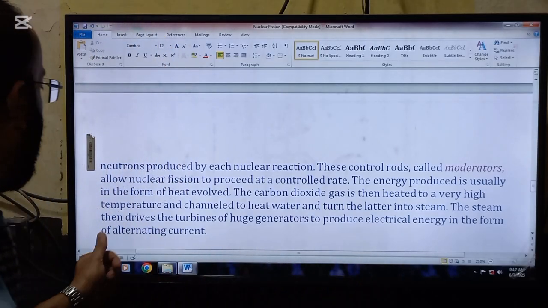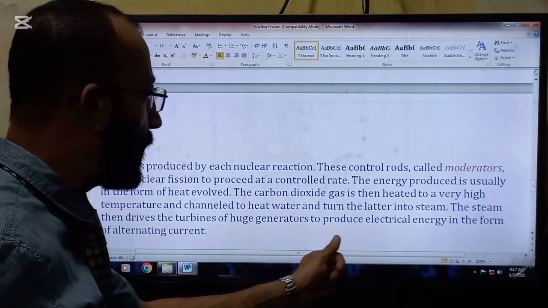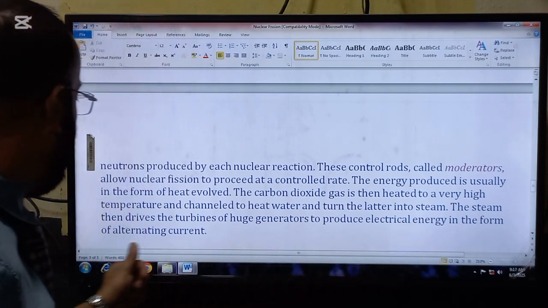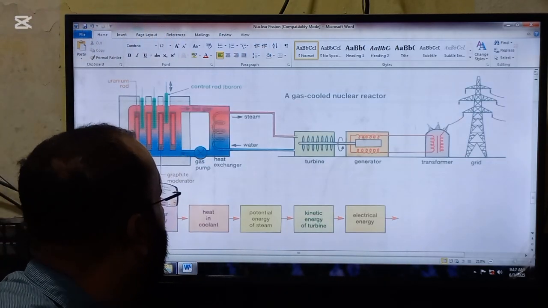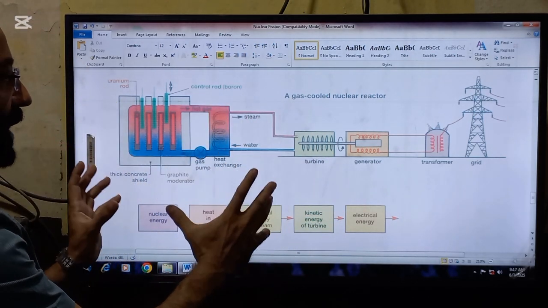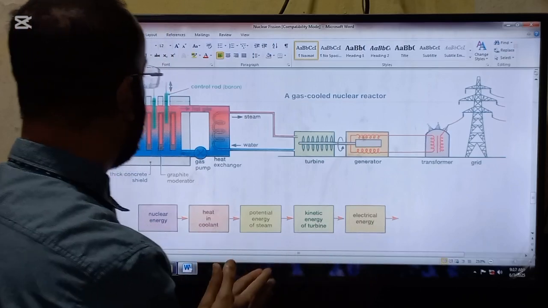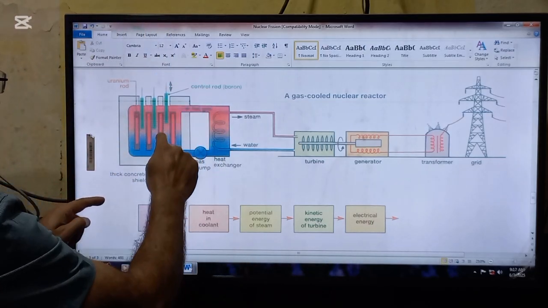The steam then drives the turbines of the huge generators to produce electrical energy in the form of alternating current. And this is the total process of controlled fission. This is a nuclear reactor. These are control rods.